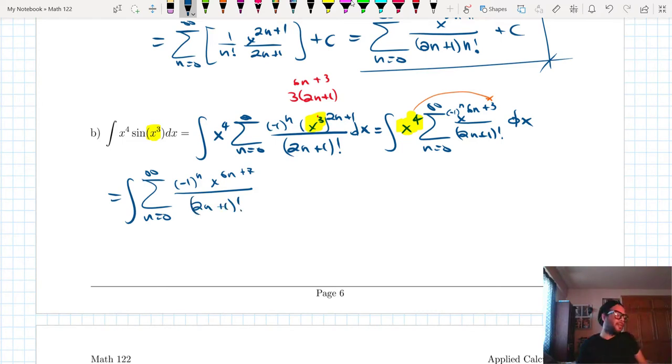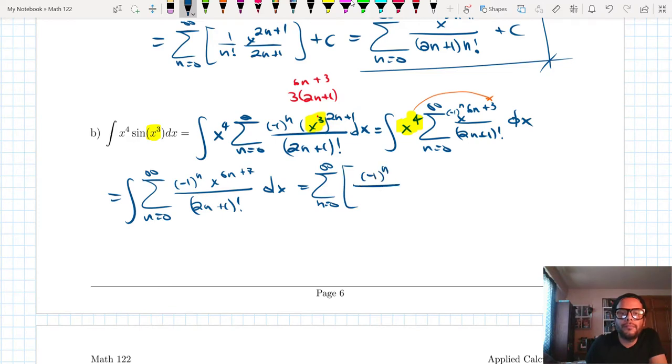Before integrating all this, I'm going to take out everything that doesn't depend on x, and I will also reverse the order of the summation and the integration. Times the integral, no limits in this case, so x to the 6n plus 7 dx.